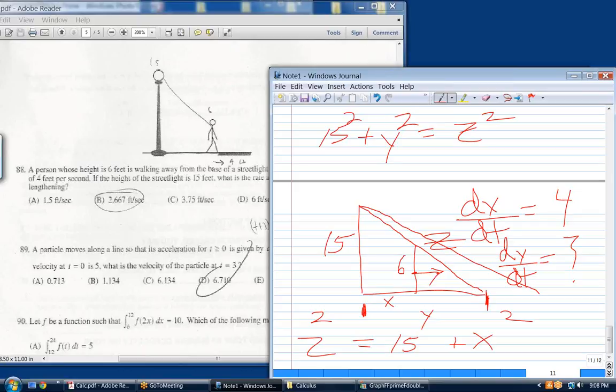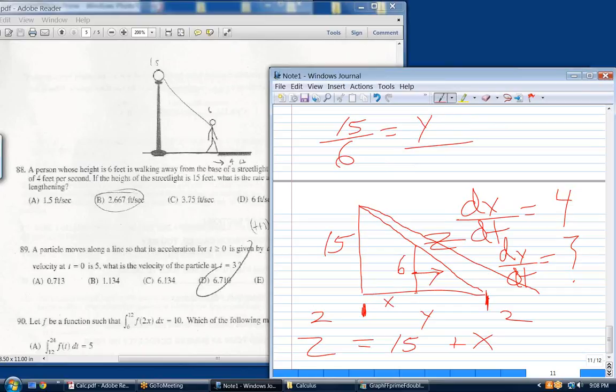These are also similar triangles. So I can say 15 is to 6 as y is to y minus x.